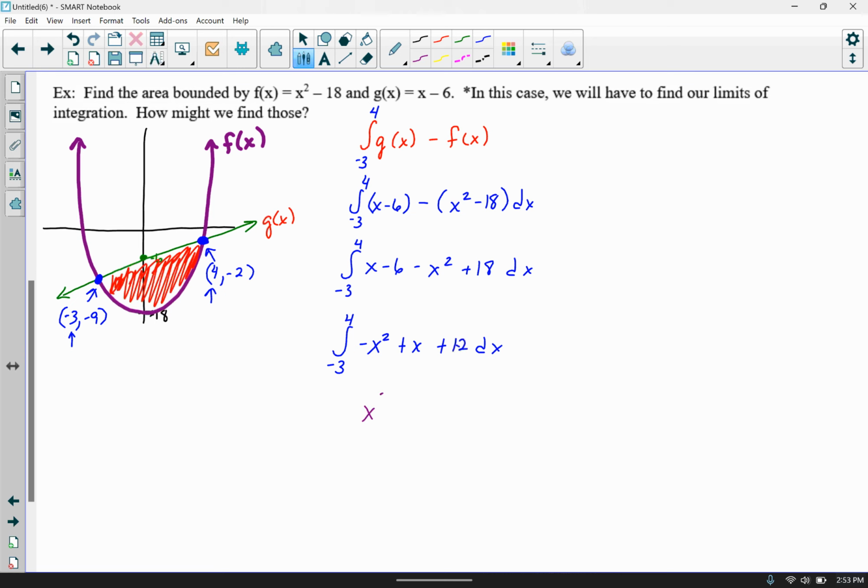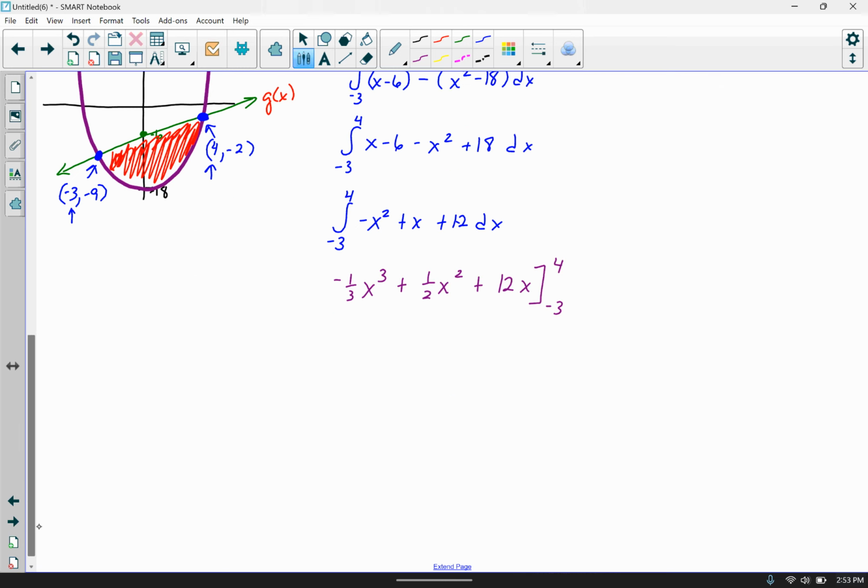All right, now we are ready to take our integral. So let's see, I've got my x cubed over 3, bringing down the negative, x squared, reciprocal, so 1/2 in front, and a 12x at the back. I don't need to clean up any, so I can evaluate now from -3 to 4. Pop in the upper bound, so -1/3 for x cubed.